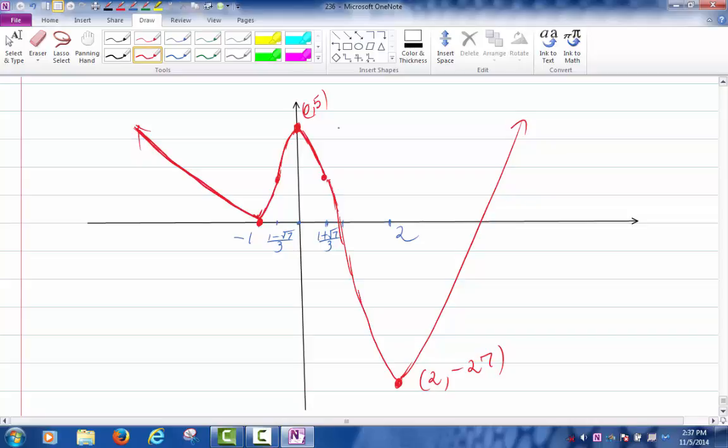Well, first of all, you need to understand the steps that go into sketching it. That doesn't mean you're going to use that by hand, but it tells you a lot about the function.